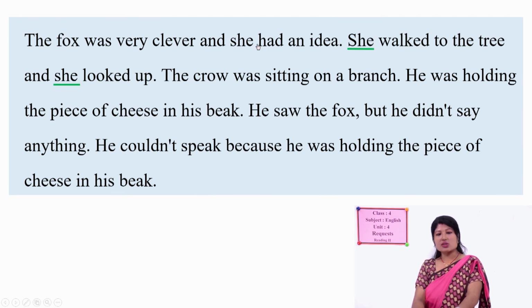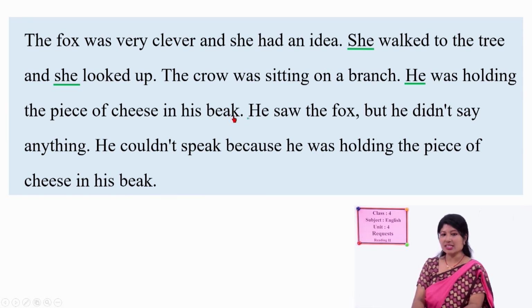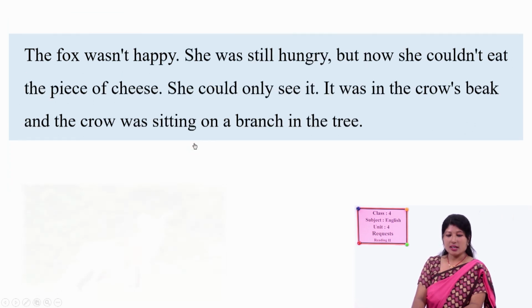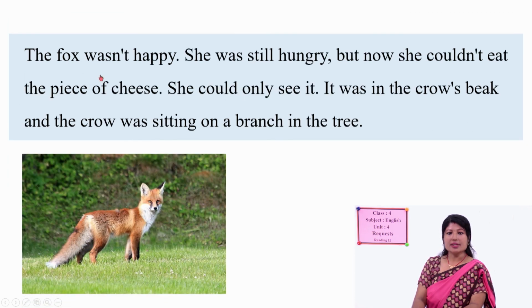So this is already made. Instead of he, she, and then he was holding the piece of cheese in his beak. This is crow. He is crow over here. He saw the fox. He did not say anything. He couldn't speak. This is all the crow. Okay, and here also she was still hungry.